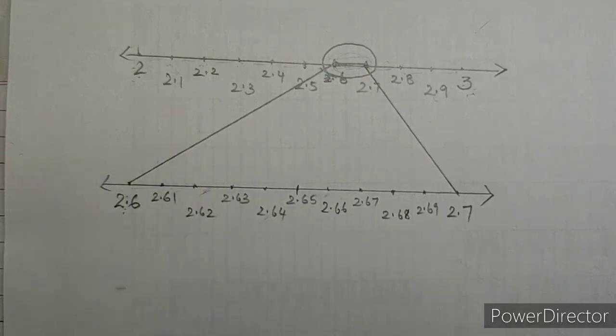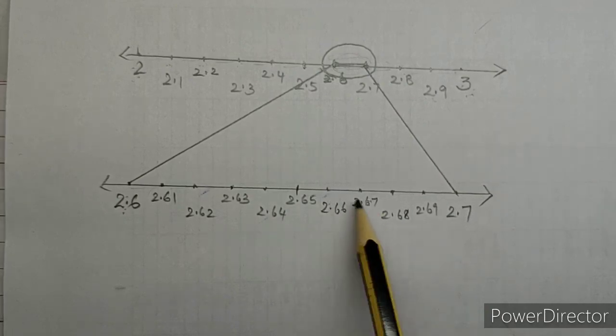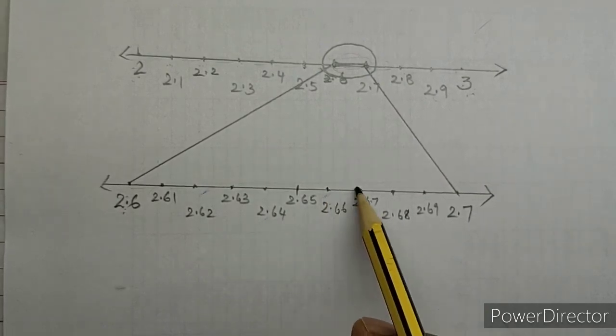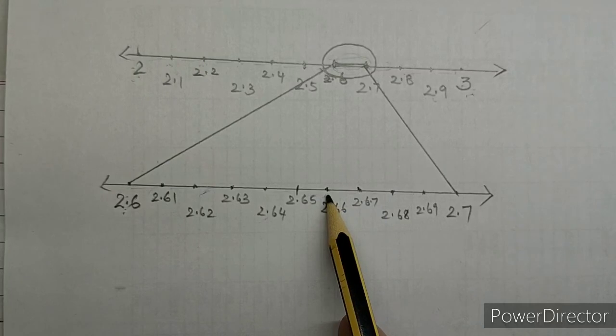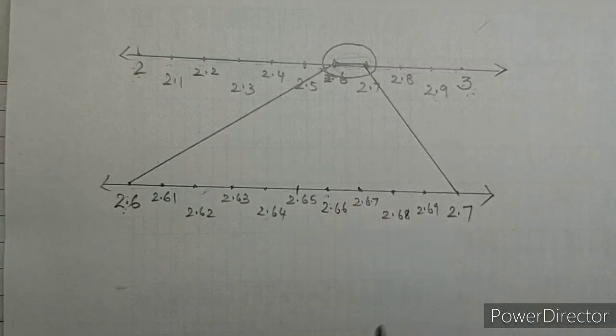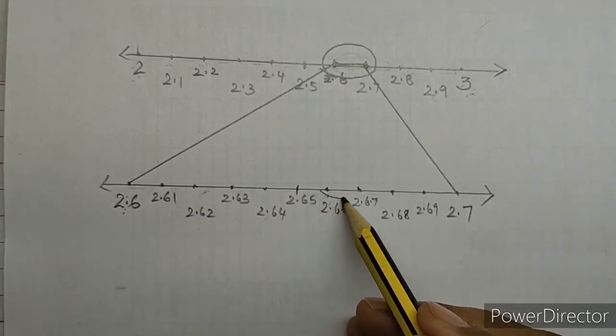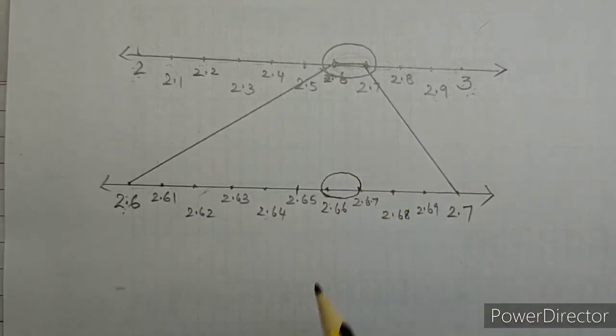Now where does the number lie? 2.665 lies between 2.66 and 2.67, but you don't know exactly where that point lies. To find that out, you have to magnify this portion again.